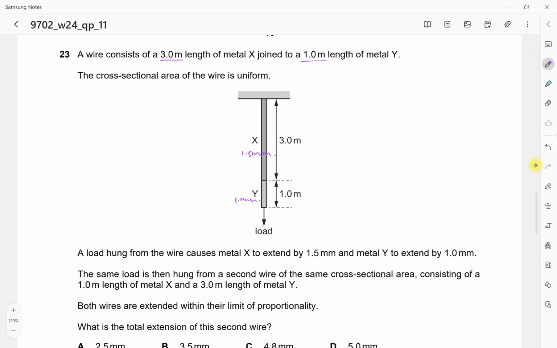The same load is then hung from a second wire of the same cross-sectional area. So let me have a second wire here. Let the load be F. Same cross-sectional area, so area is the same: area here is A, area here is A. Consisting of 1 meter length of X, so now X is 1 meter.